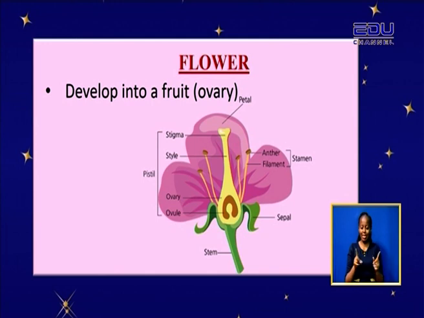So the flower has the ovary, the flower has the petals, and we have the stigma and the style in the flower. So you find the flower is the reproductive part of the plant. A flower is the reproductive part of a plant. So that's where it produces a fruit, and then later a seed, and then a seed grows into a new plant.